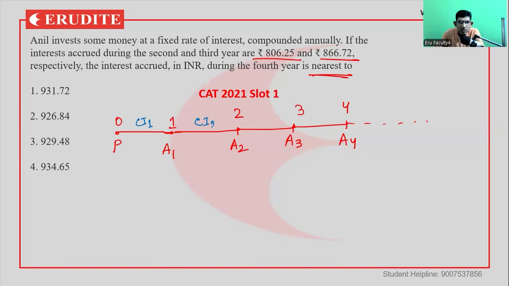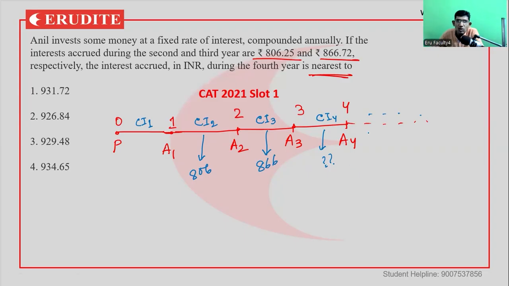Here you get compound interest for the second year. Here you get compound interest for the third year. And in this period, you will get compound interest for the fourth year and so on. Now it says compound interest for the second year is rupees 806. Compound interest for the third year is rupees 866. So what's the compound interest for the fourth year? That's my question.